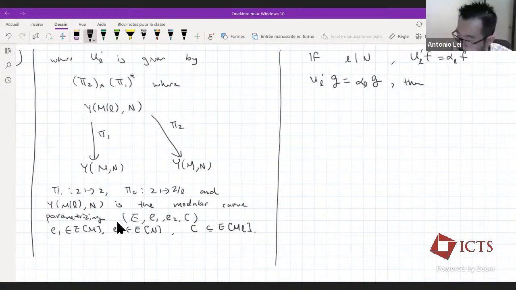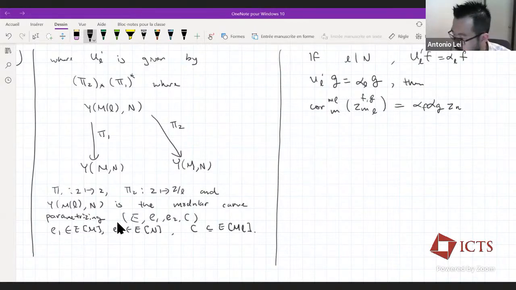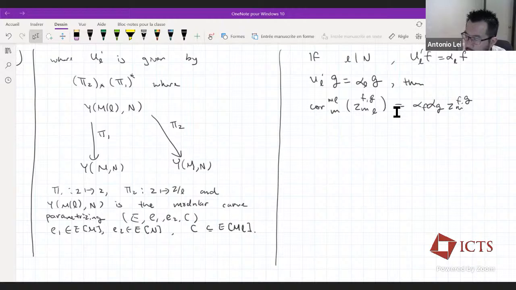You will get the norm relation. It is not quite the usual norm relation you would like for an Euler system because of this extra factor. So somehow you will need to massage this element if you want to turn this into an Euler system. So what you need to do is the following.